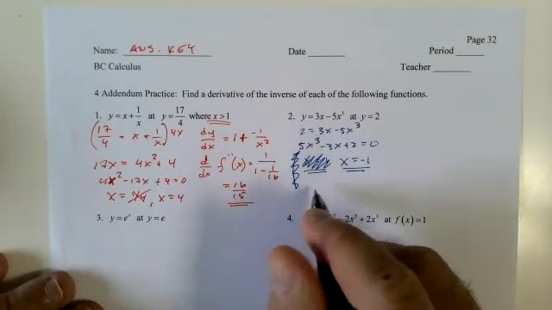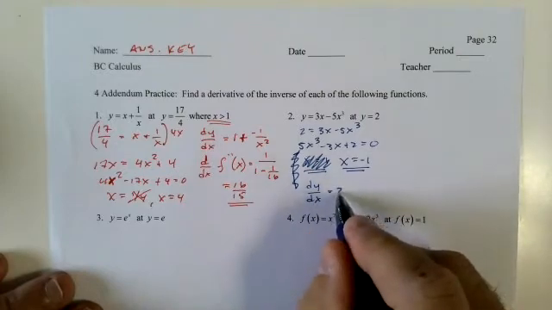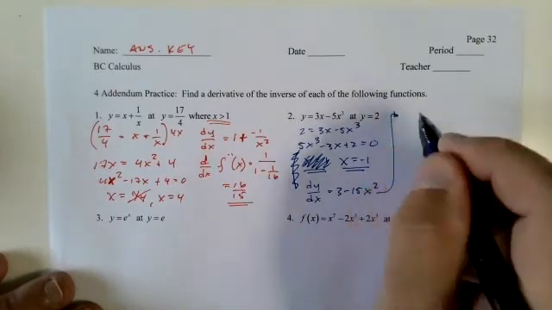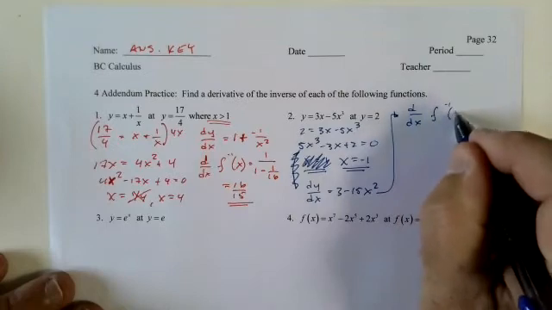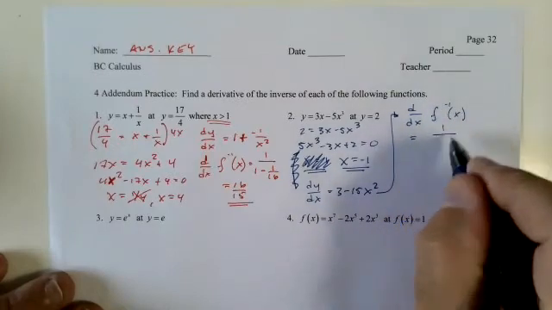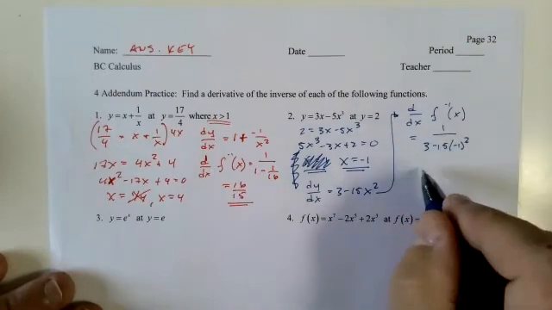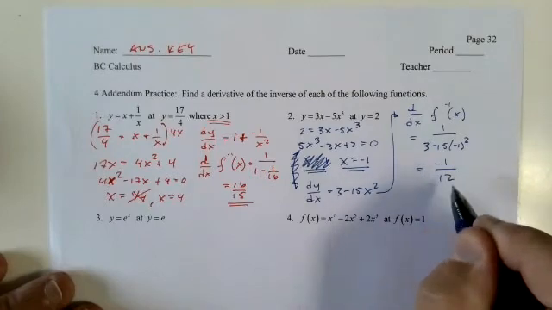So let's find the derivative. dy dx equals 3 minus 15x squared. d dx of the inverse equals 1 over 3 minus 15 times -1 squared equals -1/12.